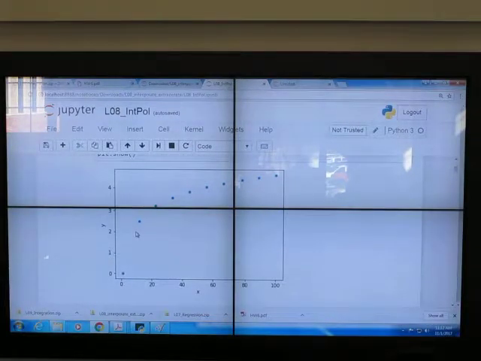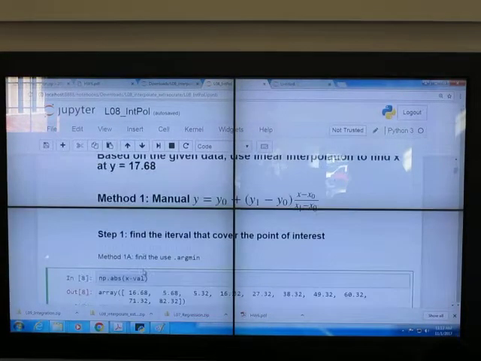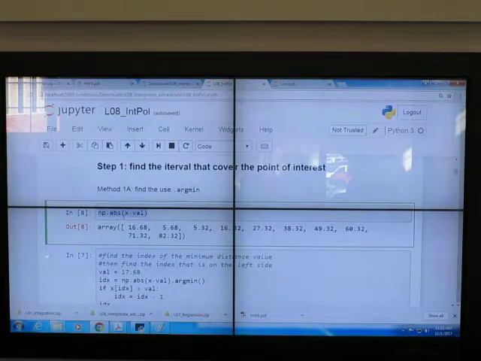There are several methods of doing this, okay? First, one of the methods is to calculate the distance between the blue point and your x. Use the absolute value of vector x minus 22, or minus 17.68, for every one.